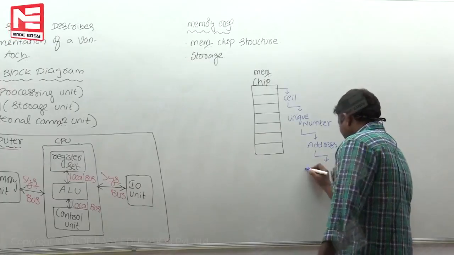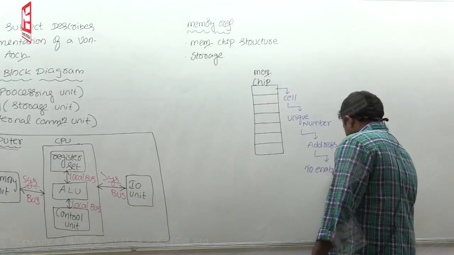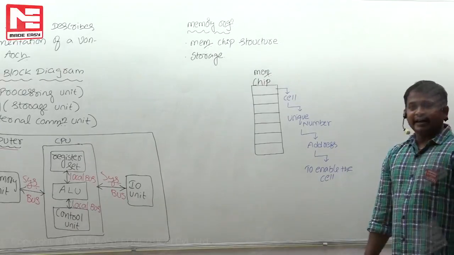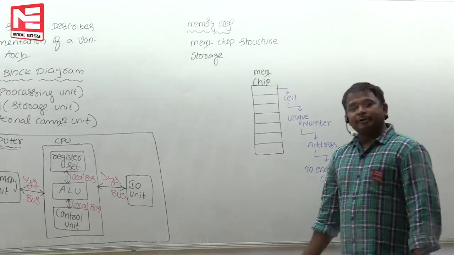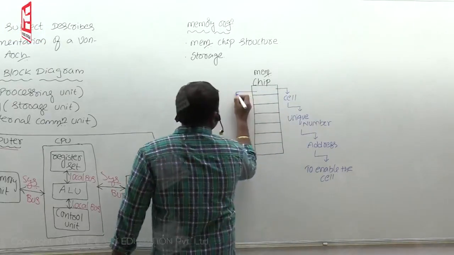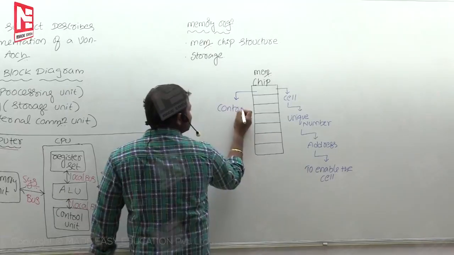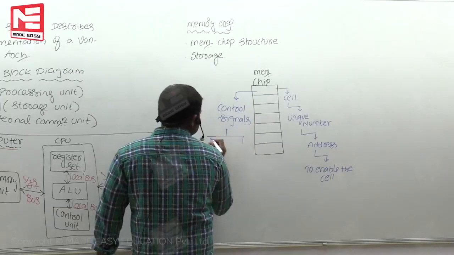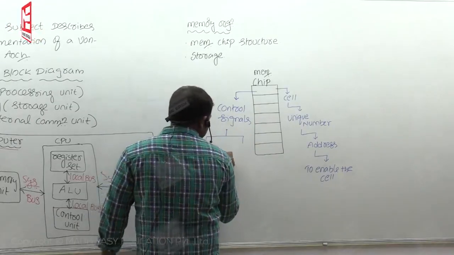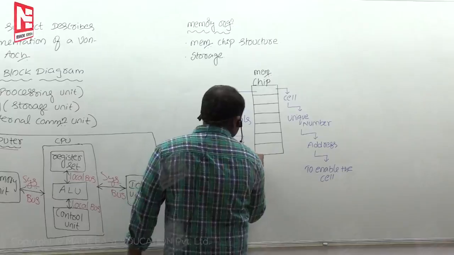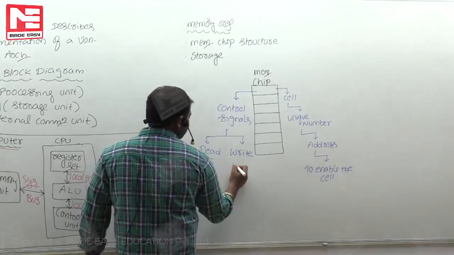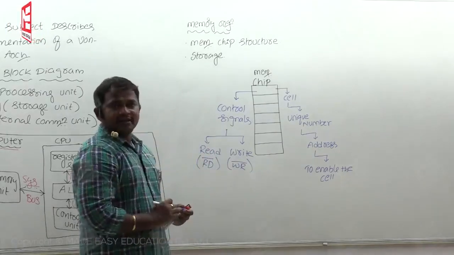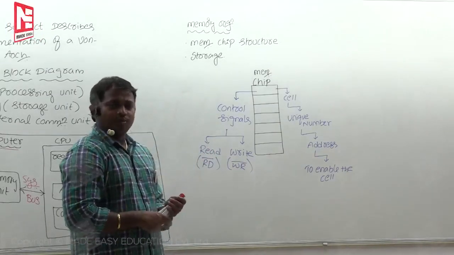Now the address is used to enable the cell. Enabling the cell for what purpose? The purpose of enabling the cell is described with control signals. Two control signals are there: one is the read control signal, the second is the write control signal. The read signal is denoted with RD bar, the write signal with WR bar. Clear? Read and write operations are active low operations.